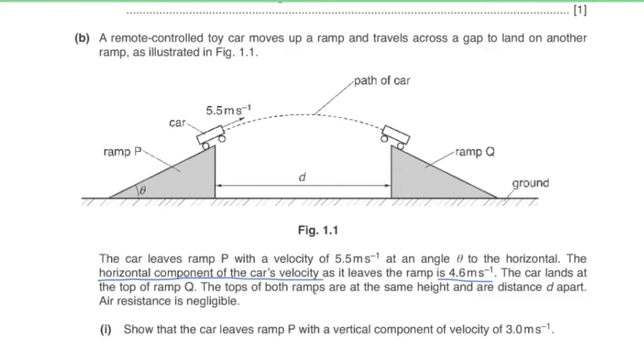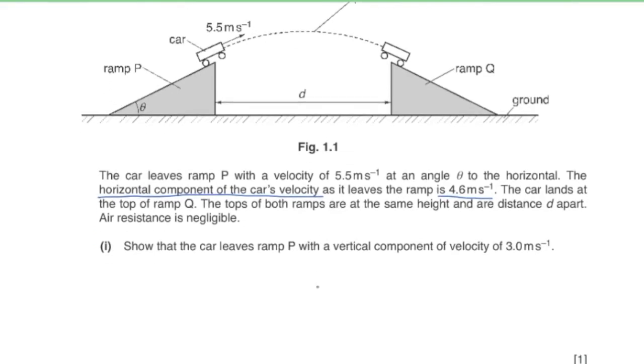The resistance is negligible. Part 1, show that the car leaves ramp P with a vertical component of velocity of 3 meters per second. The velocity, which is at theta degrees to the horizontal, is 5.5 meters per second. The horizontal component is 4.6 meters per second.